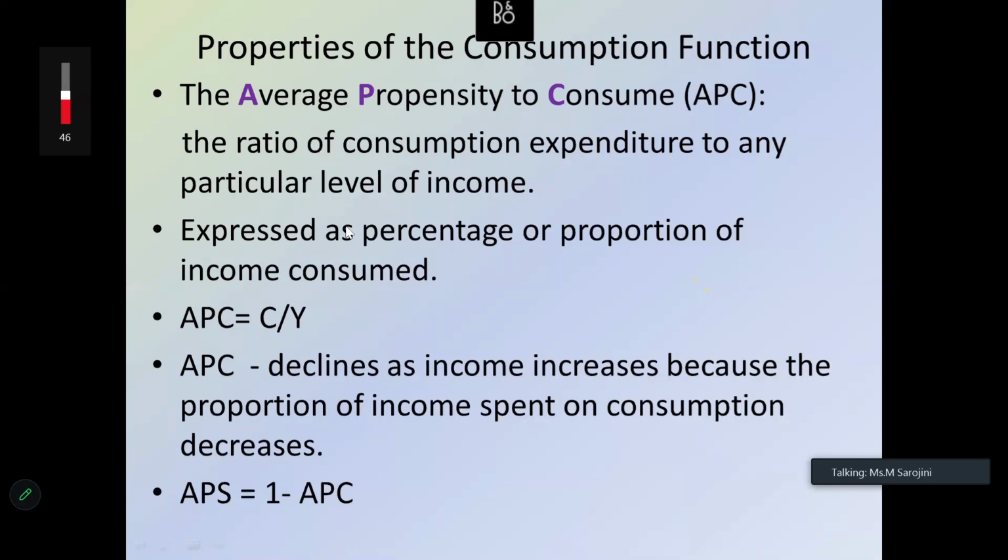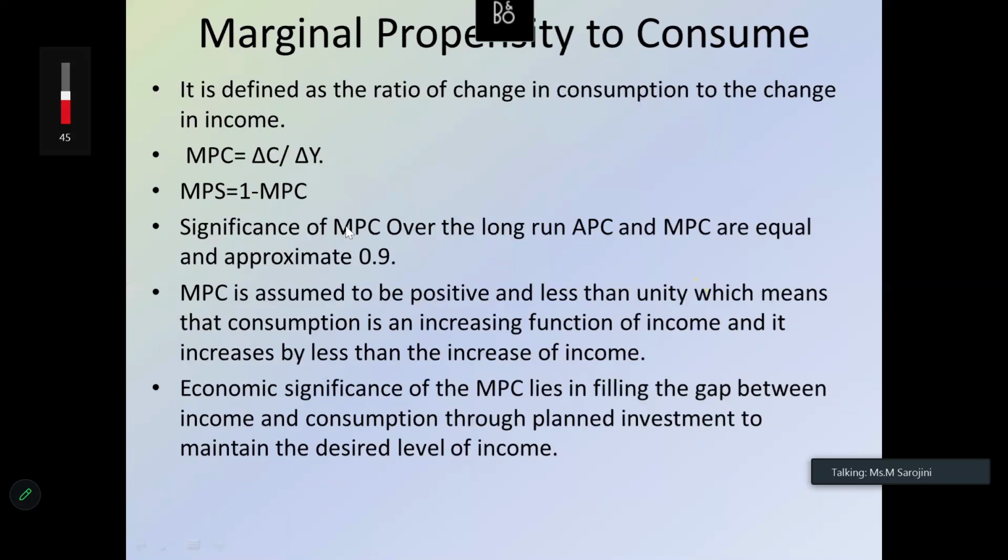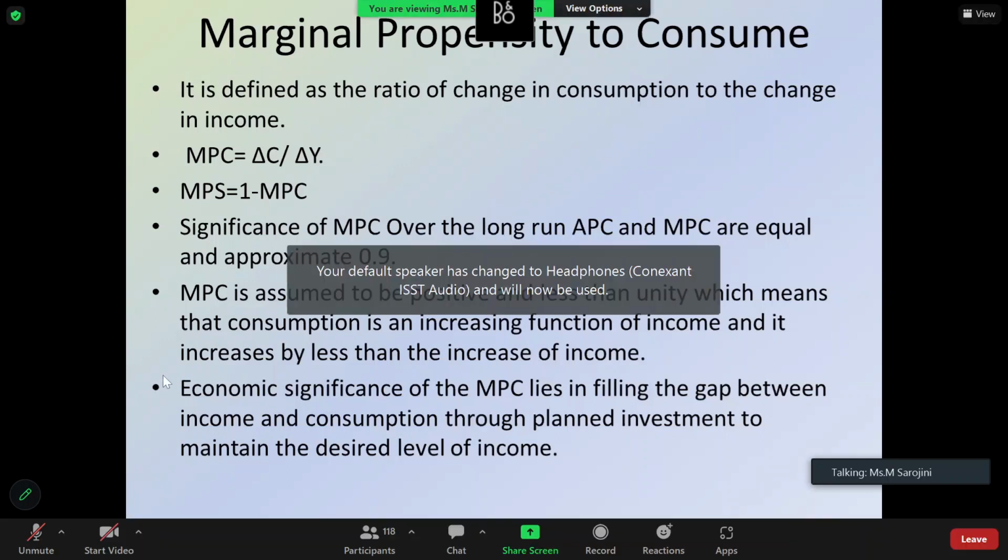And regarding the marginal propensity to consume, we know that one also. It is defined as the ratio of the change in consumption to the change in income, right? APC is the average, MPC is the changes.